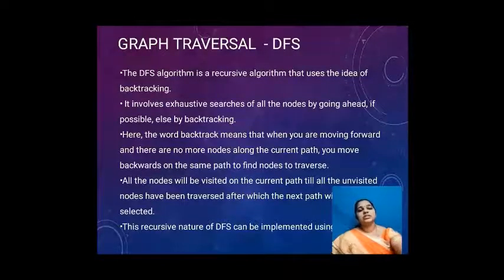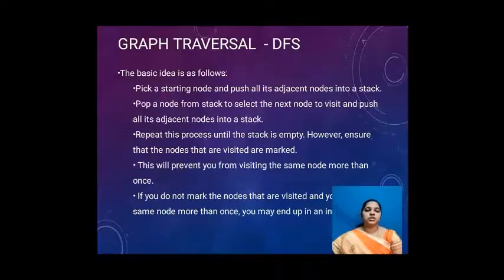This recursive nature of the DFS can be implemented by using a stack. So what is the basic idea behind the depth first search algorithm? Pick our starting node and push all its adjacent nodes into the stack. Then pop a node from the stack to select the next node to visit and push all its adjacent nodes again into the stack.